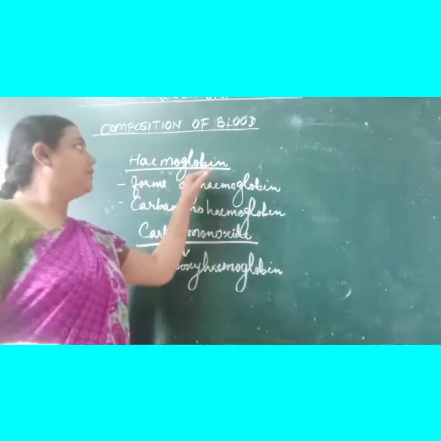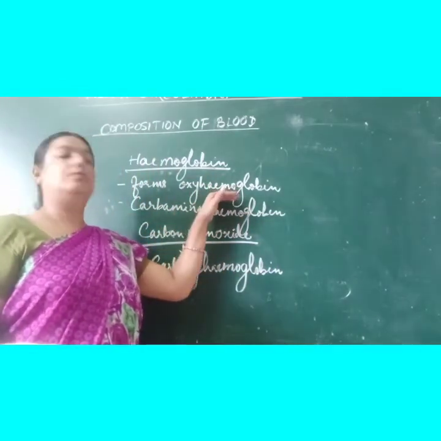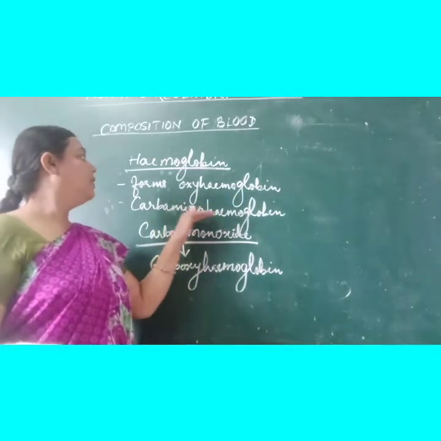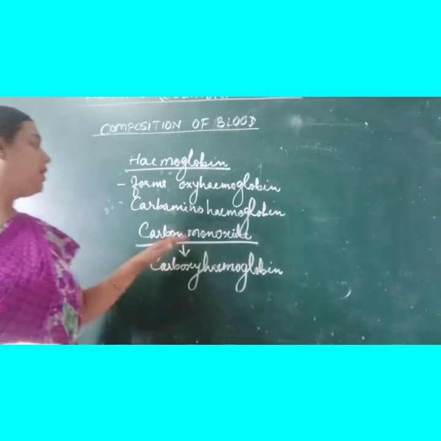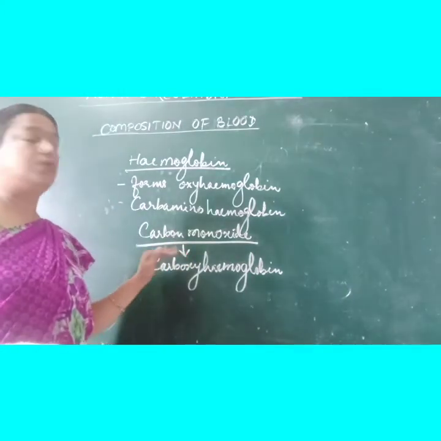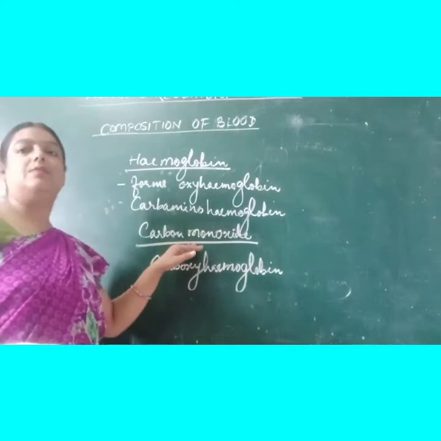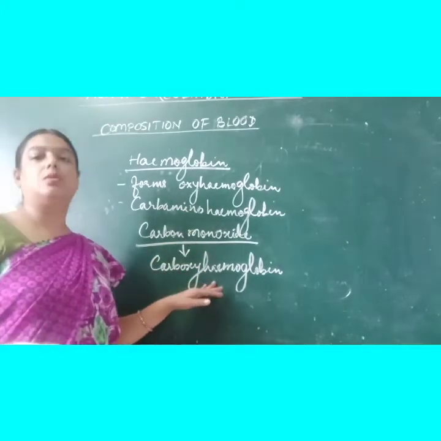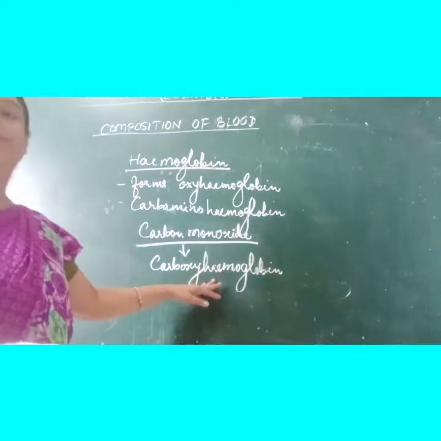So take care: when they combine with oxygen, they form oxyhemoglobin. When they combine with carbon dioxide, they form carbaminohemoglobin, and they have a strong affinity to combine with carbon monoxide. And after combining with carbon monoxide, they form a compound which is called carboxyhemoglobin.